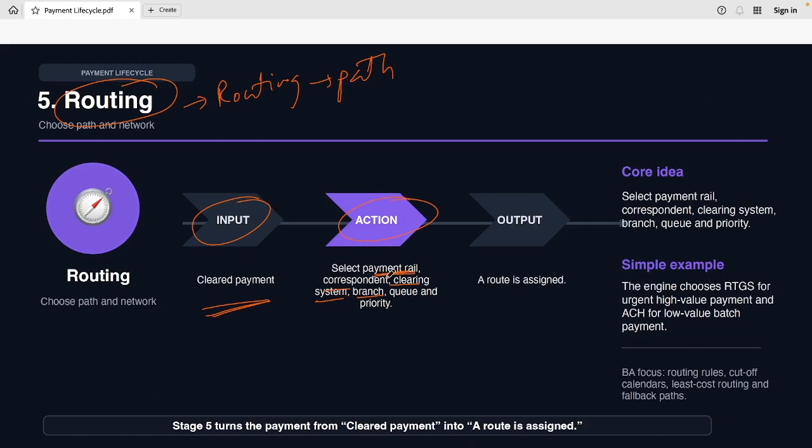When we say payment rail, it's basically the infrastructure or network used to move payment instructions and, depending on the system, settle funds. Examples of payment rails could be RTGS. RTGS is one payment rail. ACH, automated clearing house, is one payment rail. Then card, then UPI could be one payment rail, and so on. SWIFT also could be one payment rail.